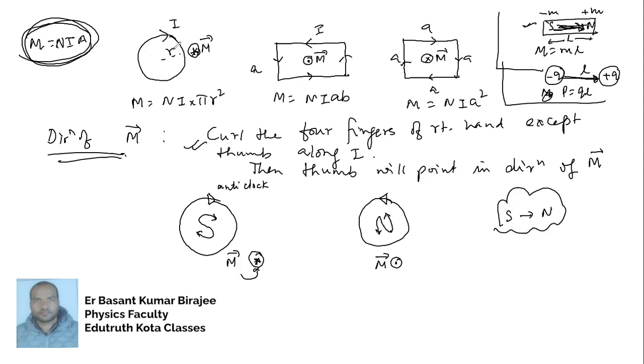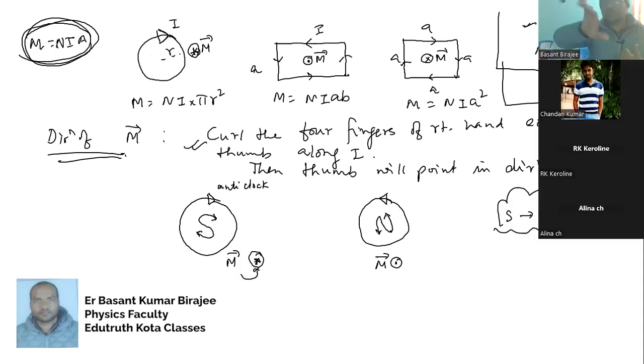We curl the four fingers of the right hand along the direction of the current, and the thumb will give the direction of the magnetic moment. This is the simplest way to find the magnetic moment.